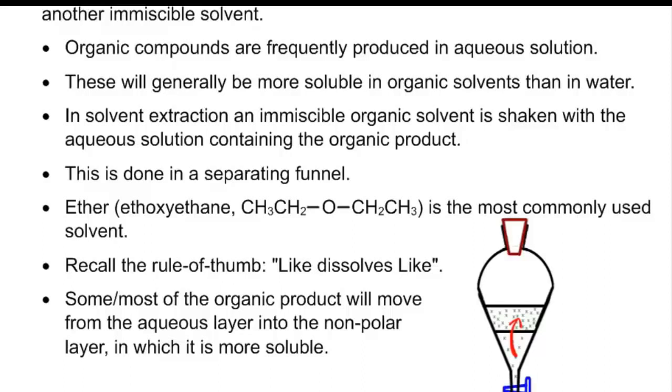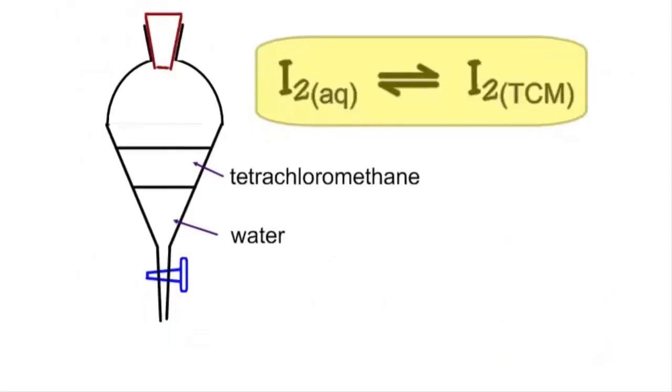That way it will tend to move from the lower layer into the upper non-polar layer in which it's more soluble. It is, however, an equilibrium, and when the dynamic equilibrium establishes, it means that the rate at which the organic solute moves from the lower layer to the upper layer is exactly matched by the rate at which it moves in the reverse direction.